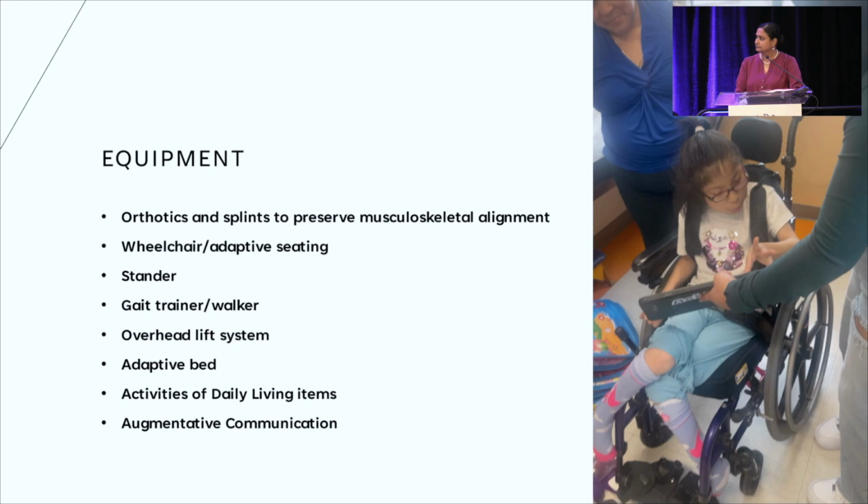As we discussed in the slide before, any kinds of activity of daily living items, those can be back sponges, reachers, again, utensils for feeding, built-up grips to make holding a toothbrush easier.